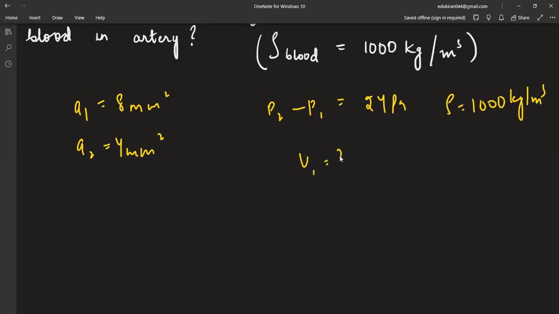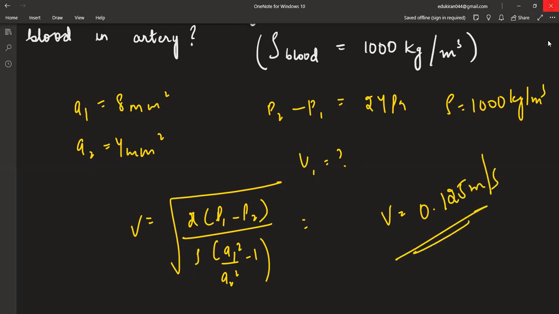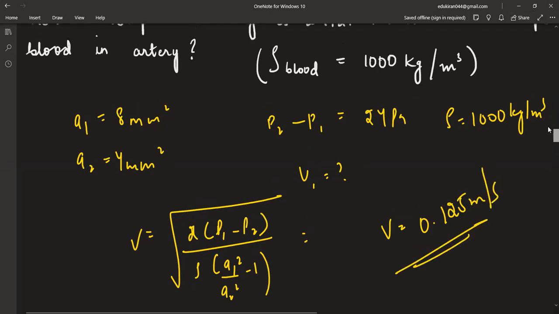So V1 is equal to under root 2 (P1 minus P2) divided by rho (A1 square by A2 square minus 1). When you substitute all the values, you will get the velocity's value as 0.125 meter per second. That completes your fluid mechanics also.